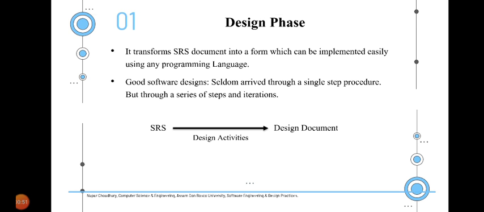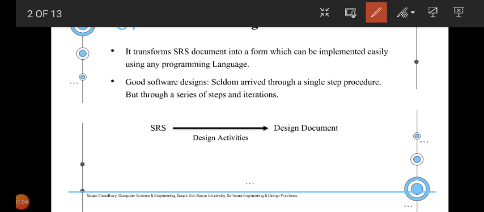So in the design phase, basically the SRS document is transformed into a form which can be implemented easily using any programming language. It essentially does not mean that the SRS is converted into a program. However, it means that the SRS will be converted into a document which can then be converted into a program.